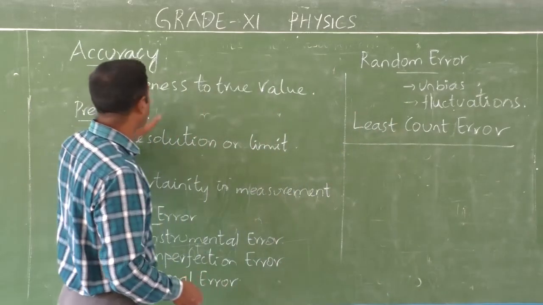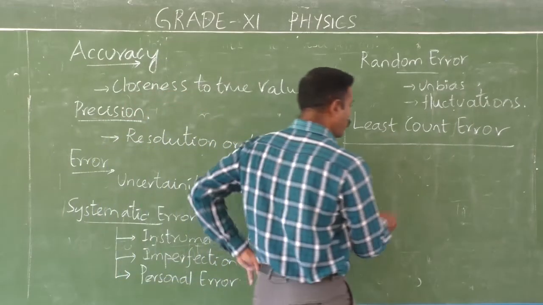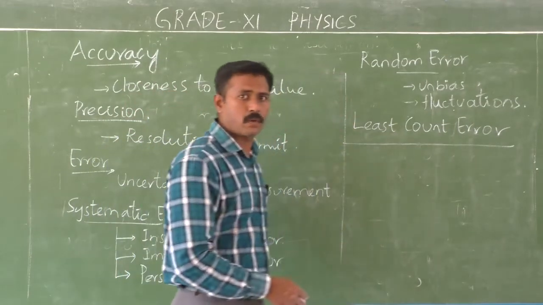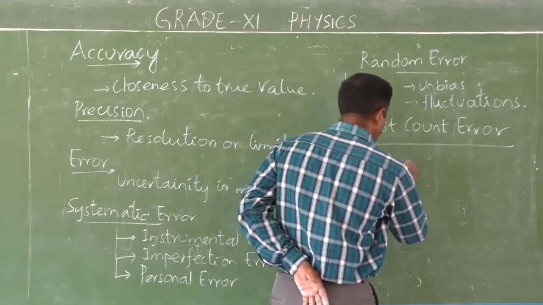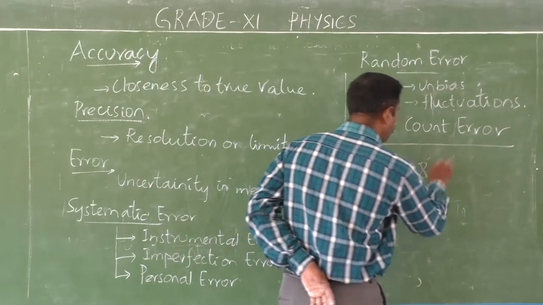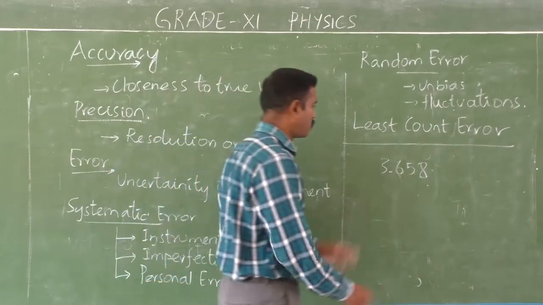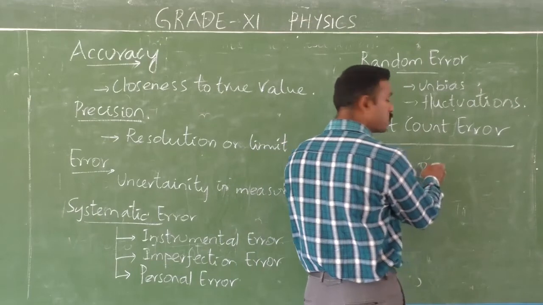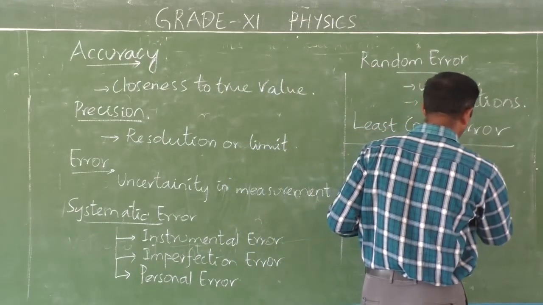Accuracy is closeness to the true value. If we measure a physical quantity, the value is 3.658. Let this be the true value.